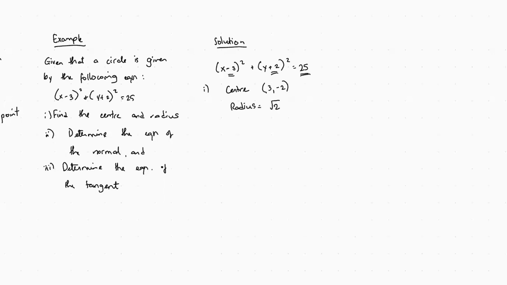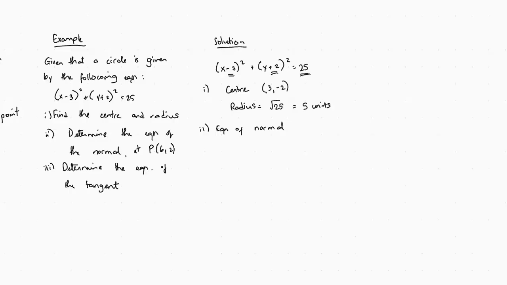For part 2, we want to determine the equation of the normal at the point P, which is given by (6, 2).